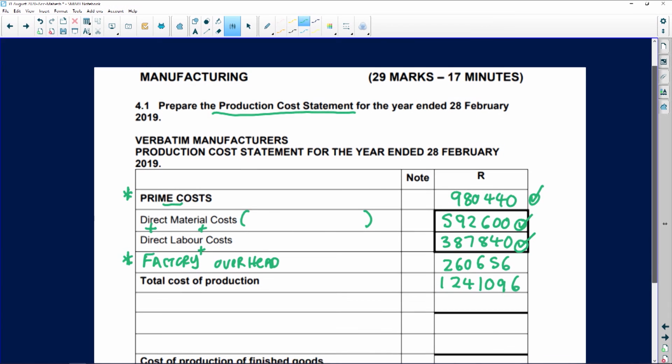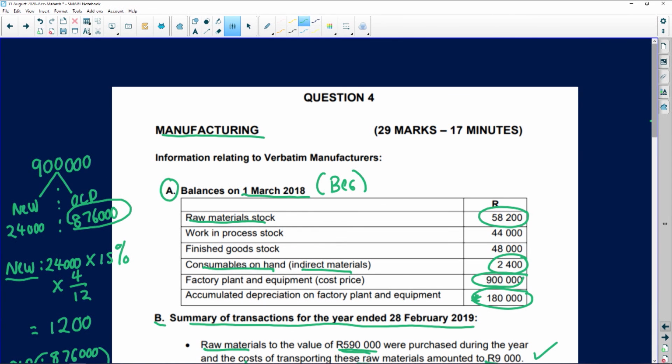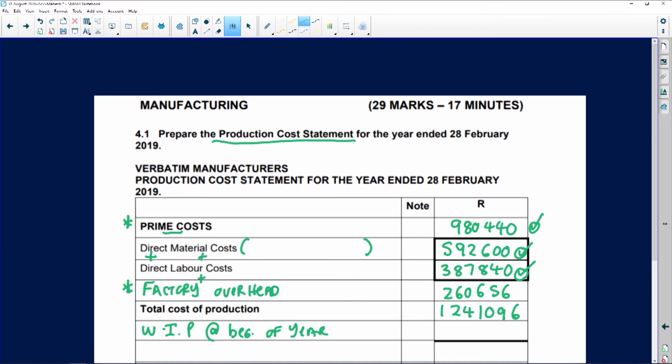Right, almost done, guys. So on the next line, my work in progress at the beginning of the year. Okay, so if we go to work in progress at the beginning of the financial year, there we go, my work in progress, an amount of 44,000. So I simply fill that in. Work in progress at the beginning of the year, 44,000.